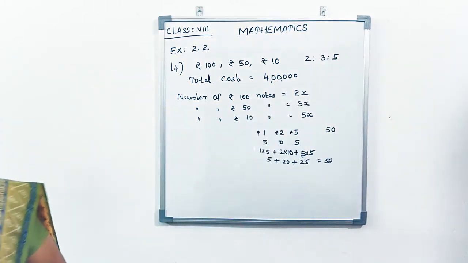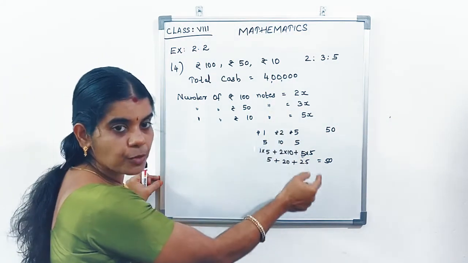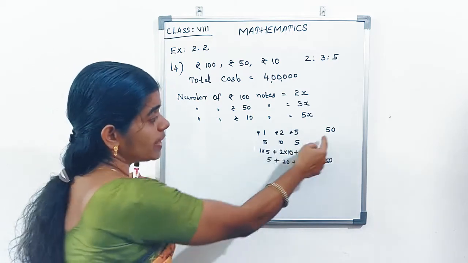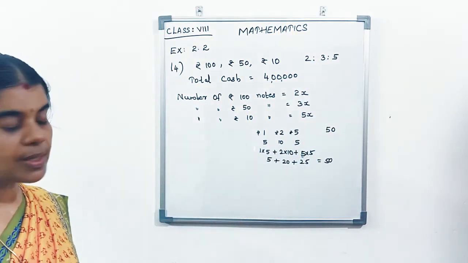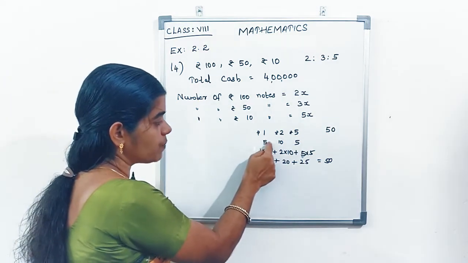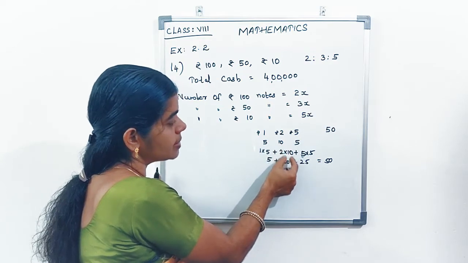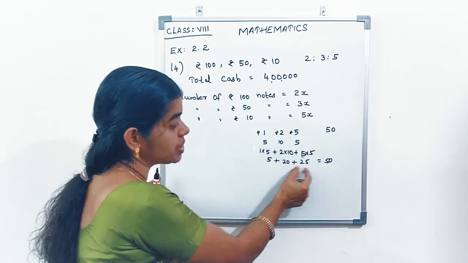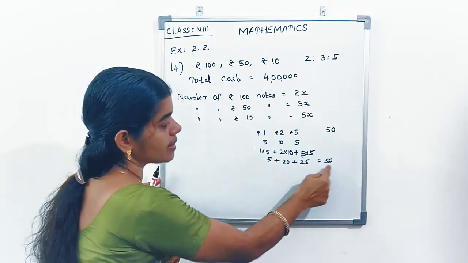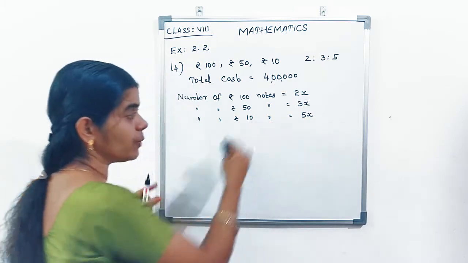In the first example, 50 rupees with 1, 2 and 5 rupee notes: 1 into 5 is 5, 2 into 10 is 20, 5 into 5 is 25, and that equals 50. The same way we form our equation.